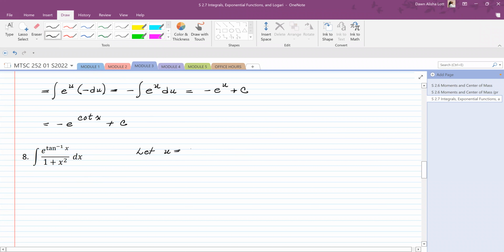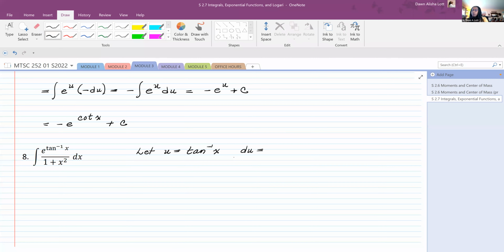Inverse tangent of x. Tan inverse of x. What's the derivative of the tan inverse? Oh, this one you had to learn. Would this one be 1 over x squared plus 1? Good.